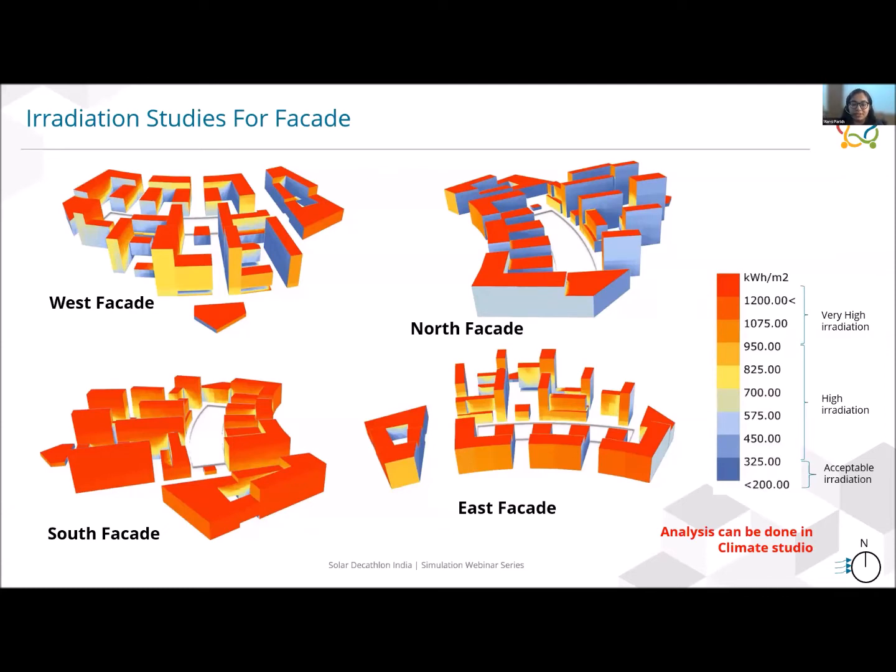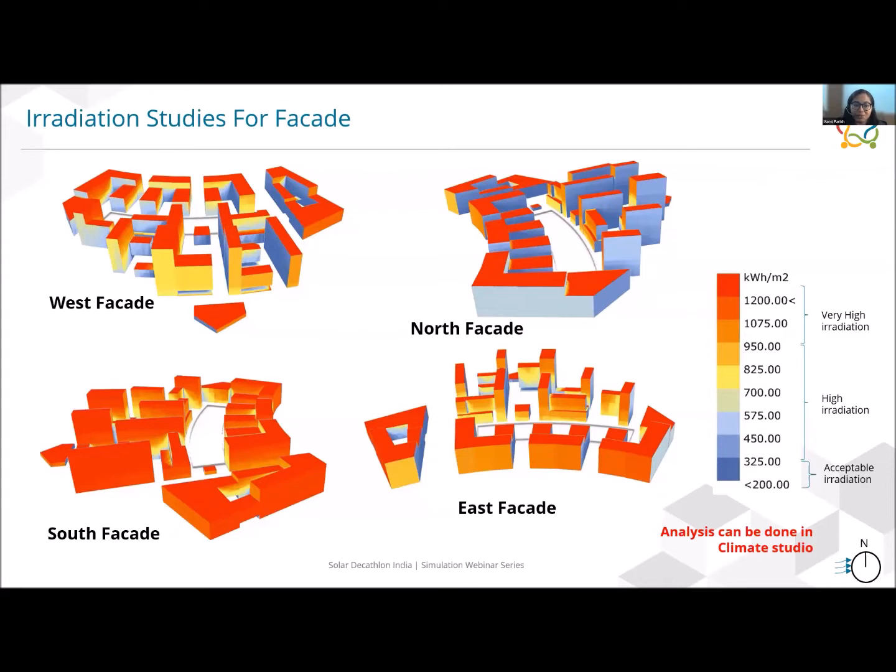This image shows the irradiation on a facade in north, south, west, and east, and it varies in the range of 200 to 1200 kWh per square meter per year. As you can see on your screen, the blue ones depict lesser irradiation, and the red ones show the maximum amount of irradiation. Again, these are annual numbers.